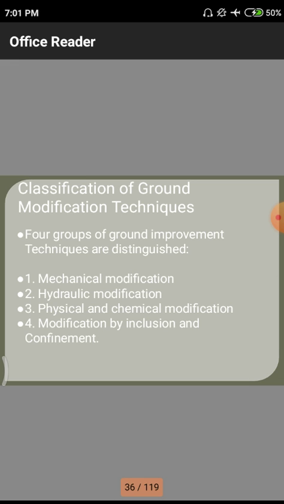In mechanical modification we use mechanical equipment that simply moves over the soil, so that due to the huge force applied on the soil while the vehicle moves over that area, densification automatically occurs.